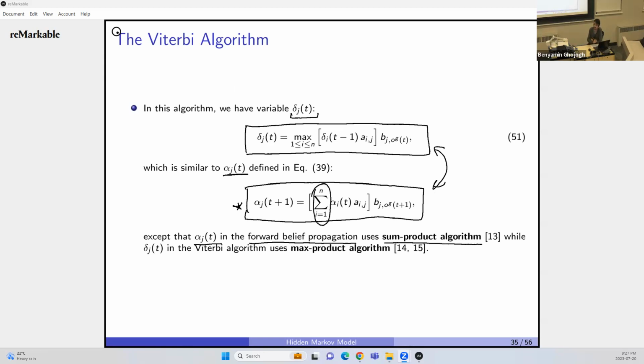Here we have sum, and here we have product. As we have sum and product, it's called the sum-product algorithm. But in the Viterbi algorithm, we have the max-product algorithm. Why? Because we have maximum here, and we have product here. These are important algorithms in probability theory: sum-product and max-product.